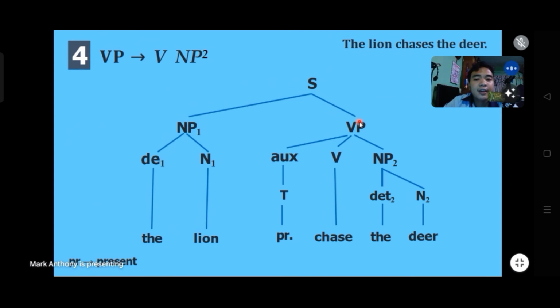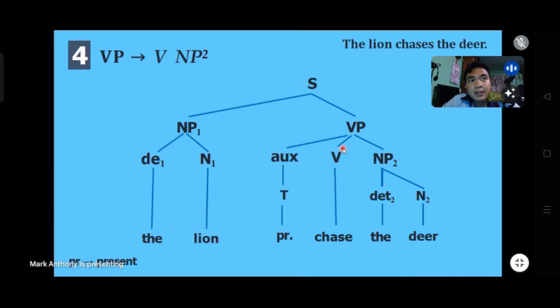And then the verb phrase is divided into different sub-constituents. First off is the word chases. As we all know, chases is a verb, but we can see here an unfamiliar term. Actually this means it pertains to the verb.